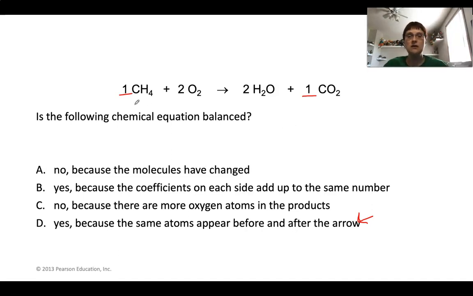So if I had the blanks for the coefficients and I gave you an answer, 1, 2, 2, 1 would be the balance to put in for the coefficients for this equation. That way there wouldn't just be open blanks in the equation.